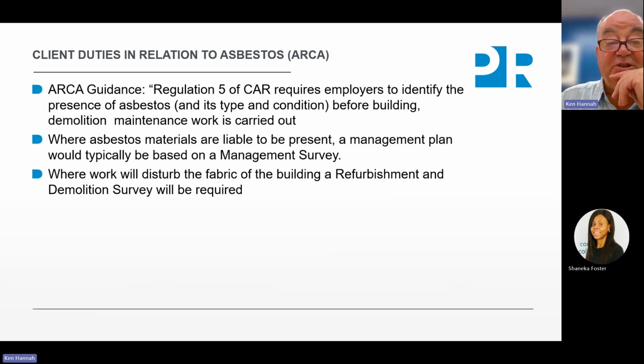Where asbestos materials are liable or suspected to be present, a management plan should typically be based on the management survey and then the R&D survey.